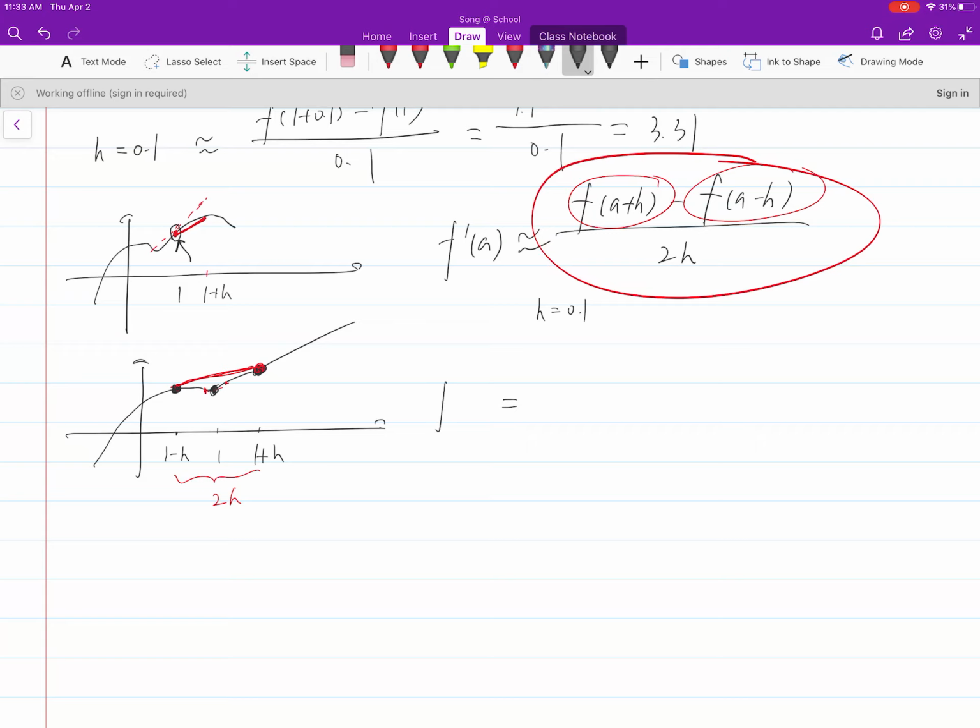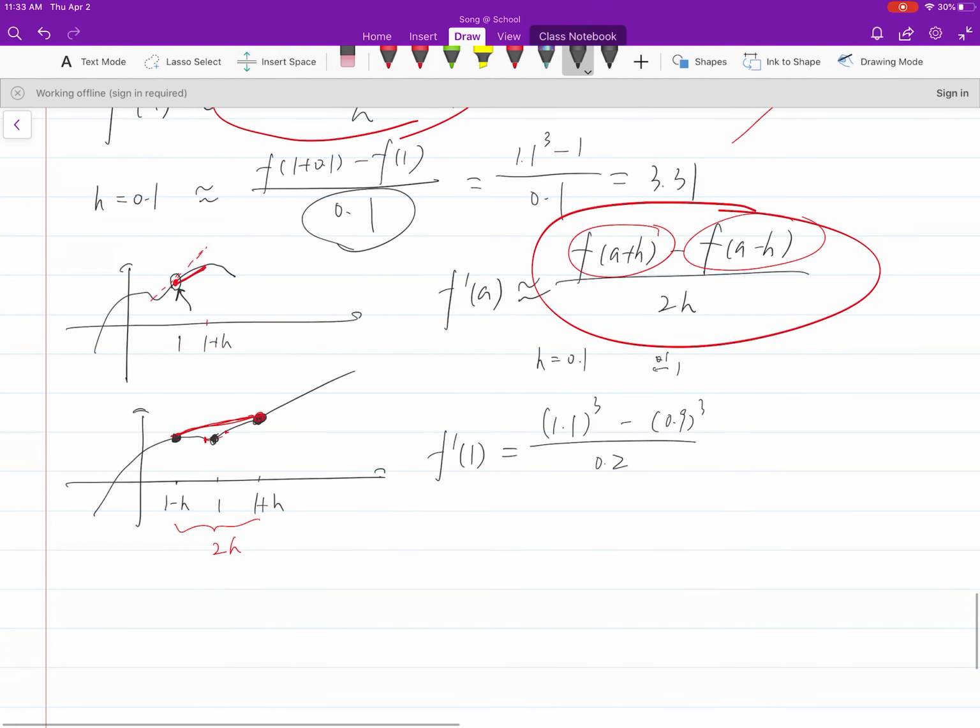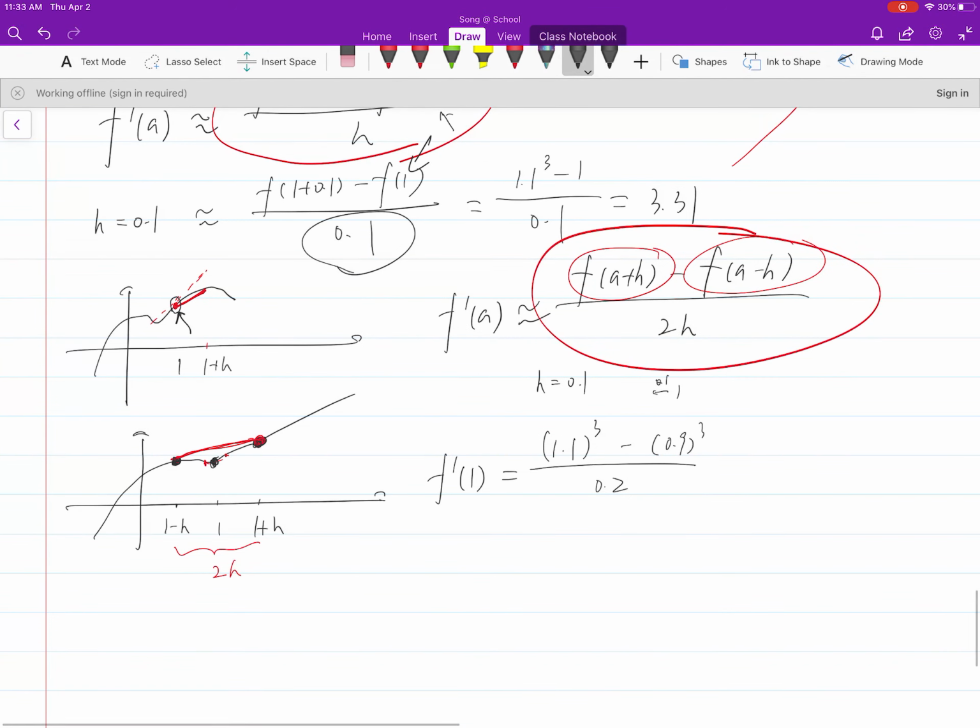Okay, and if you come back, let's just do the calculation. f prime of 1 is going to be 1.1 cubed minus, now going from 1, go 0.1 to the left, that gives you 0.9 cubed, divided by, before that was 0.1, now you do 0.2.